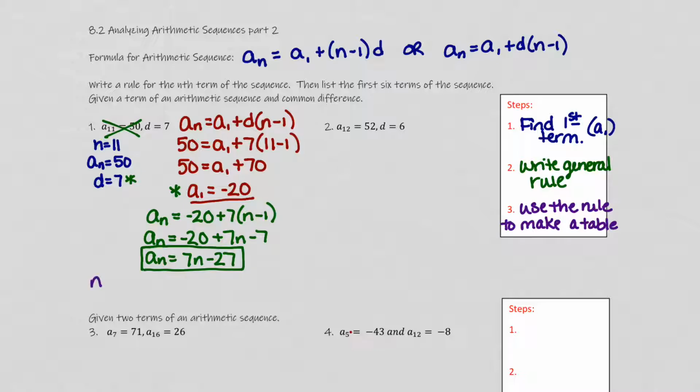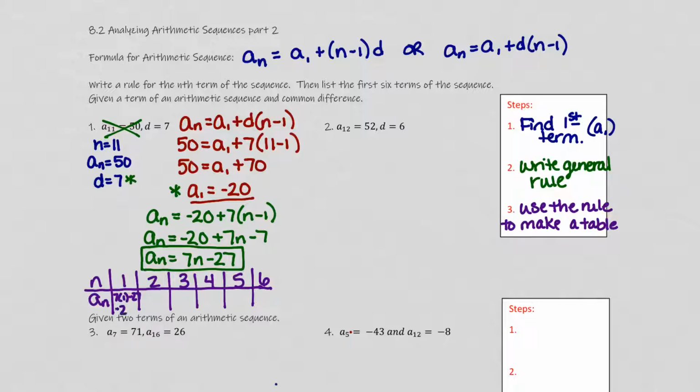I make the table because to me it's easier to keep things separate. Well, I want the first 6 terms, so N is going to be 1, 2, 3, 4, 5, and 6. And I'm going to plug N into that equation. So to find the first term, I'm going to have 7 times 1 minus 27.